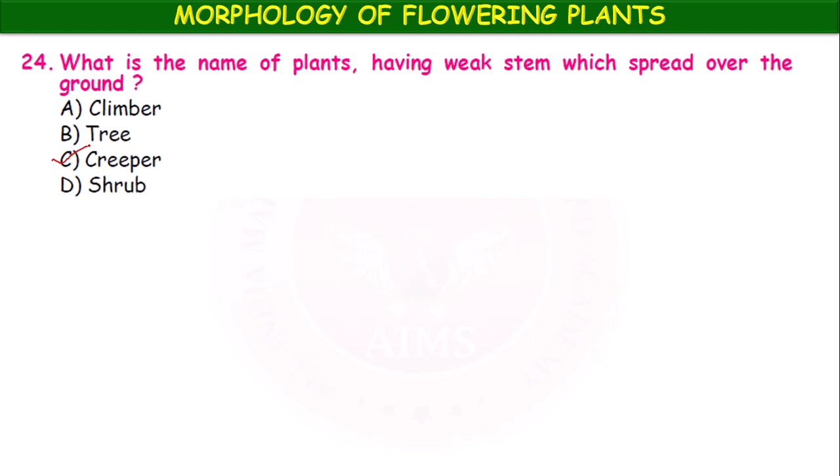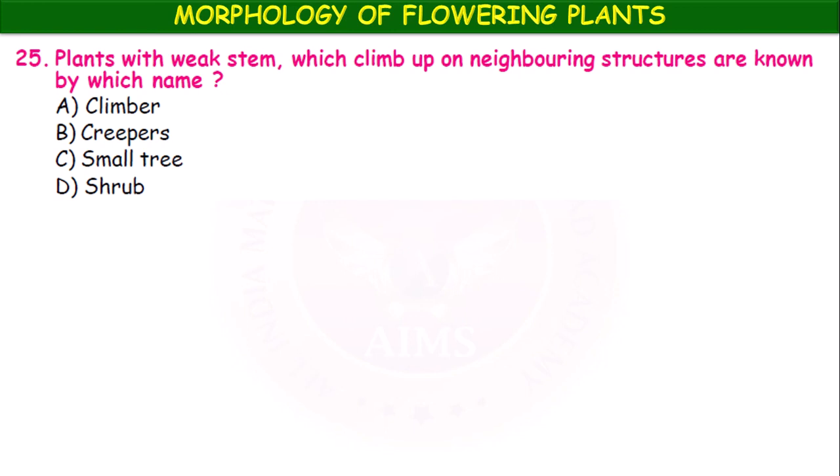Next, plants with weak stem which climb upon neighboring structures are known by which name? Climber, creeper, small tree, shrub. These are called climbers. Example, beans, pea. Bottle gourd, ridge gourd, bitter gourd climb the support, so they are called climbers.